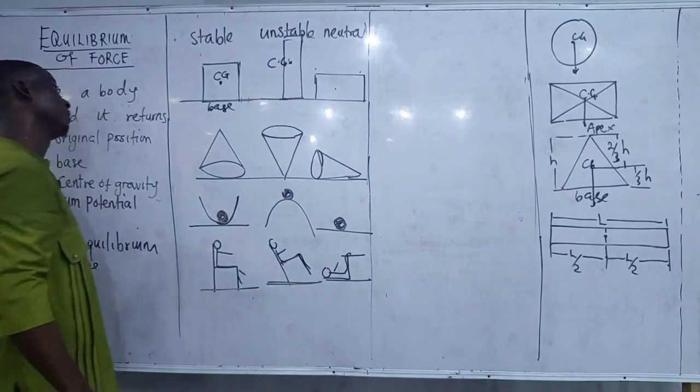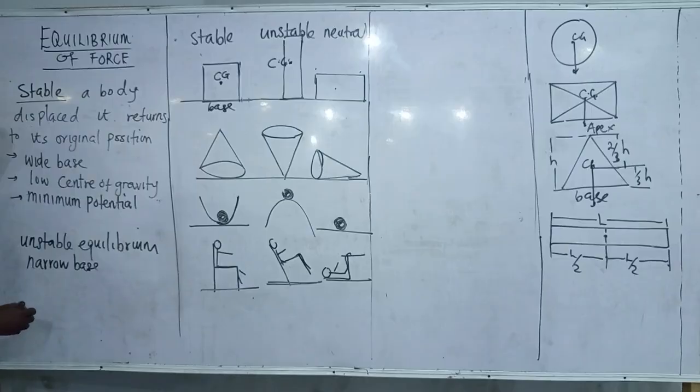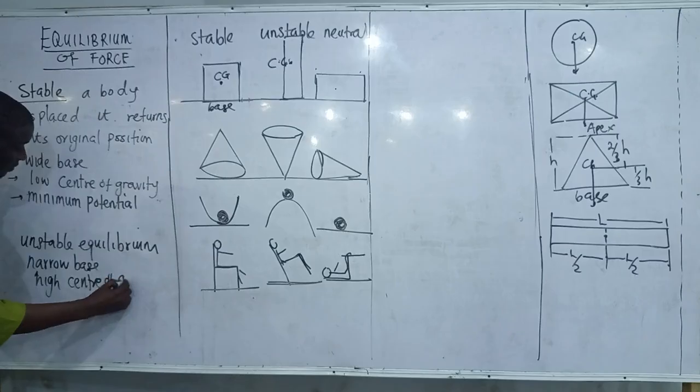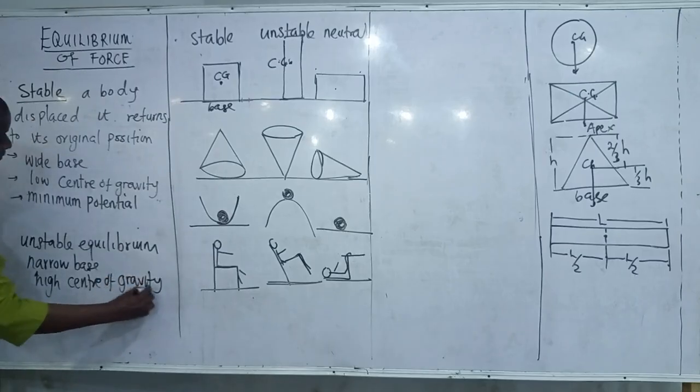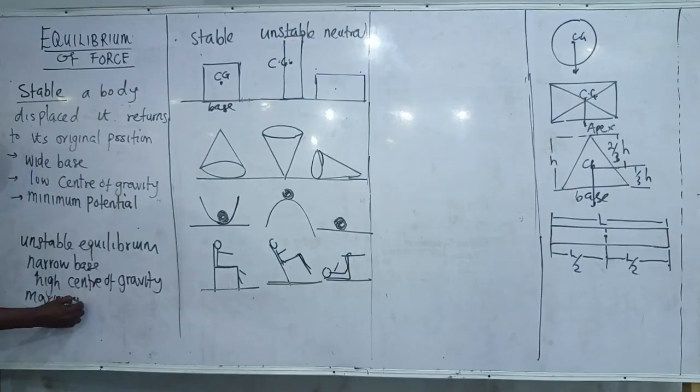The center of gravity is high. So since it has high center of gravity, it has high center of gravity, then it has what? A maximum what? Potential energy.